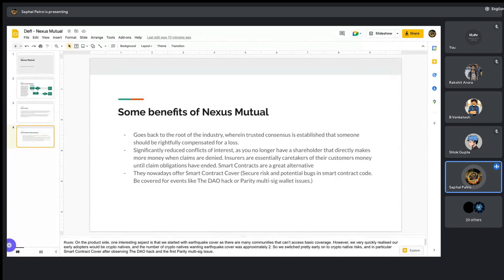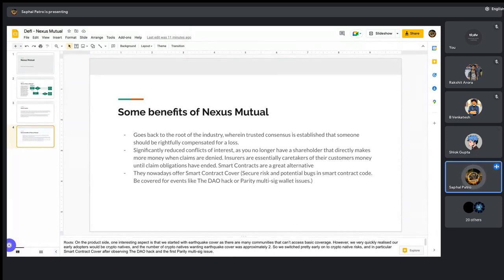It also reduces the conflict of interest, because there is no benefit in not paying out claims: the price of the mutual would keep increasing, and it's a never-ending cycle where you're essentially getting the same amount of money that you put in. They also offer smart contract cover, as they want to prevent hacks from taking advantage of all of the money present in smart contracts.